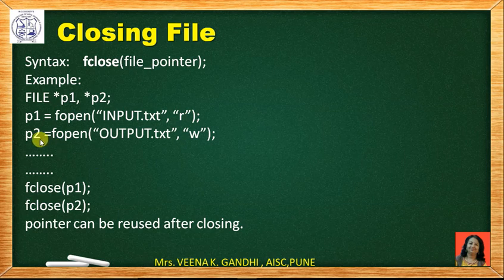Second, p2 equal to fopen with file name output.txt, opened in write mode. After performing some operations, you close the files. So fclose p1. The same p1 is used as when you opened the file. Then fclose p2, so we close the file pointer p2. Now this pointer can be reused after closing.